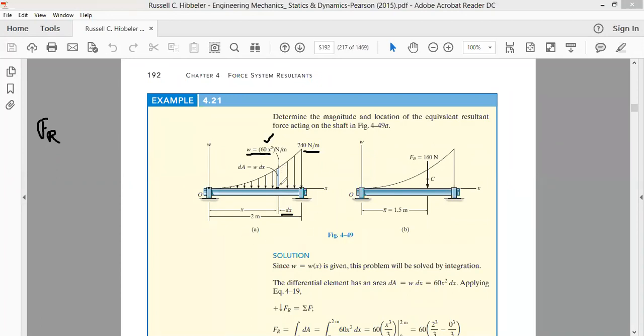As far as this strip is concerned, we have taken a very small strip, since dx is very small. So this small strip can be considered to be a rectangle, because we are selecting the value of dx very small.